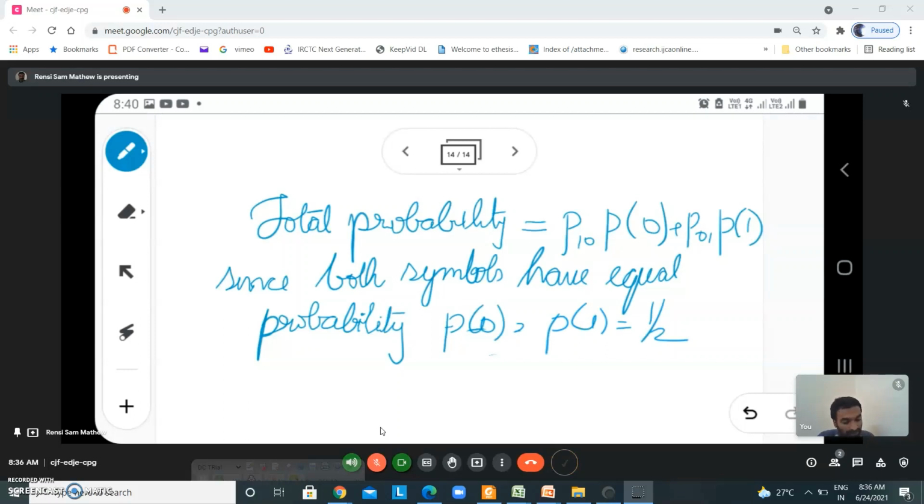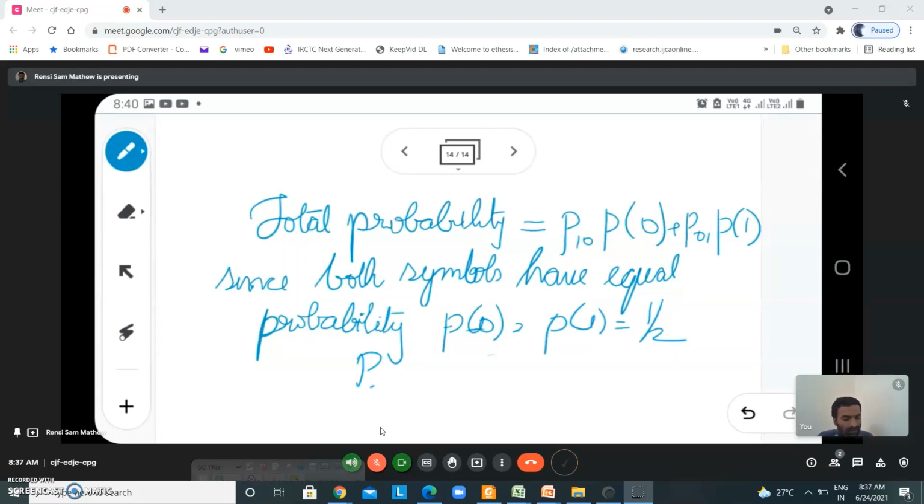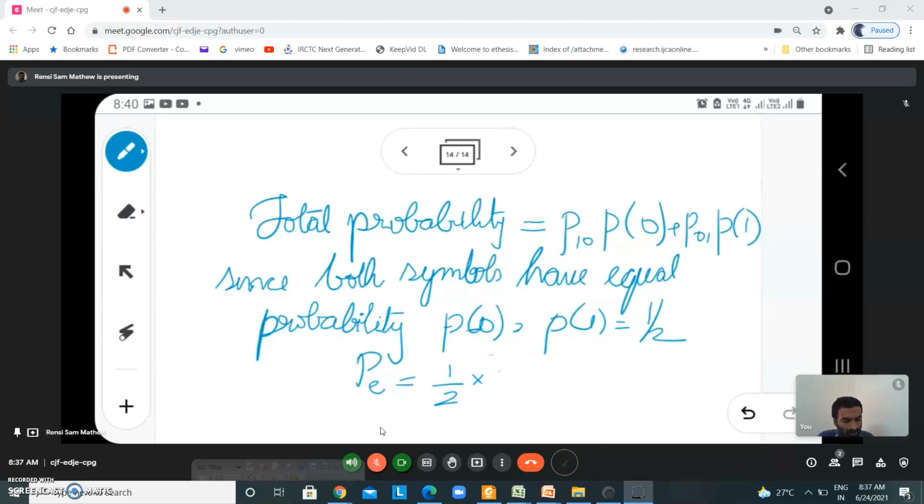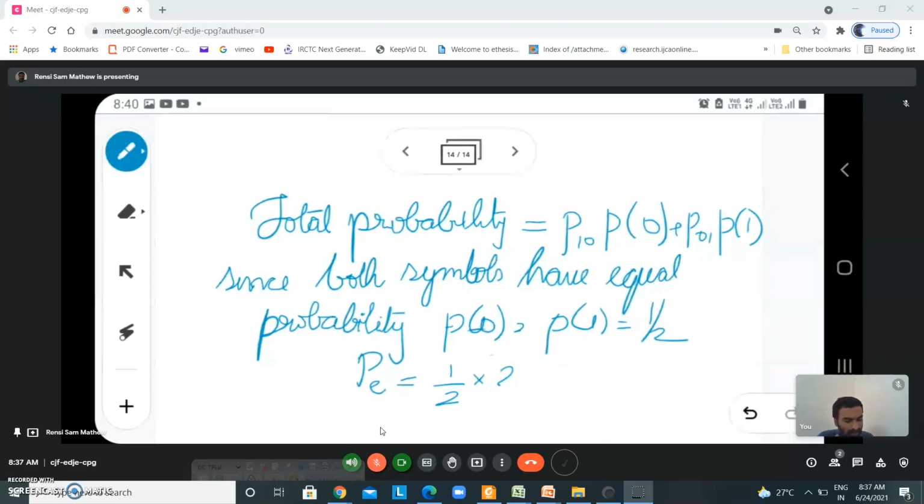So how can I write my total probability of error? This is equal to 1 by 2 into 2 times 1 by 2 ERFC of square root of Eb by 2N0.